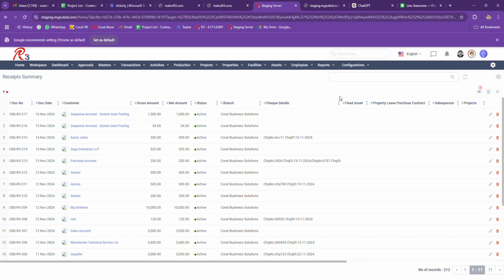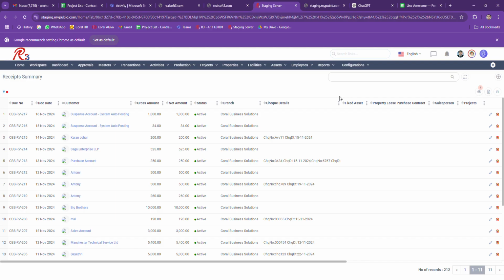No, actually. So whatever money we receive from the customer, you understand, the customer means not our customer, our customer's customer. So you have to imagine like that, a company's customer. So whatever money we are receiving from a company's customer, all these entries will come as a receipt.